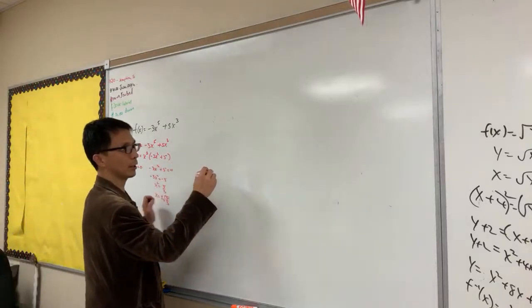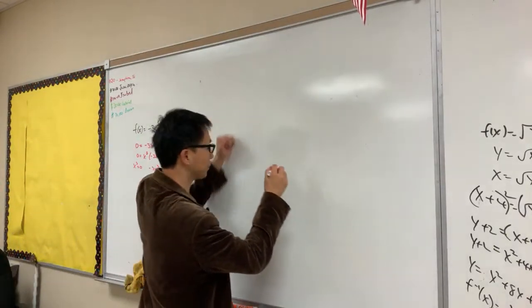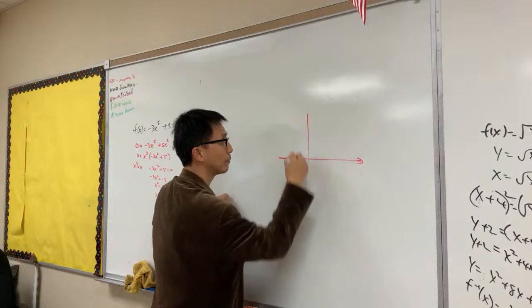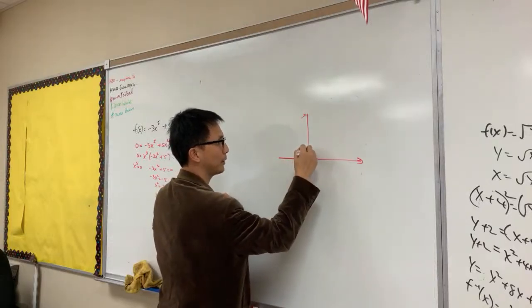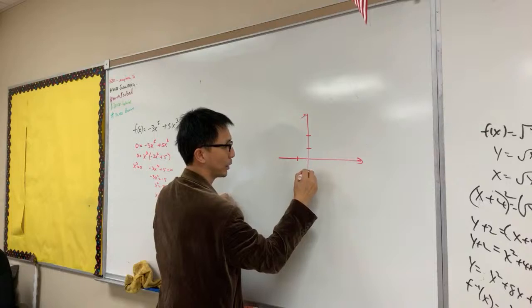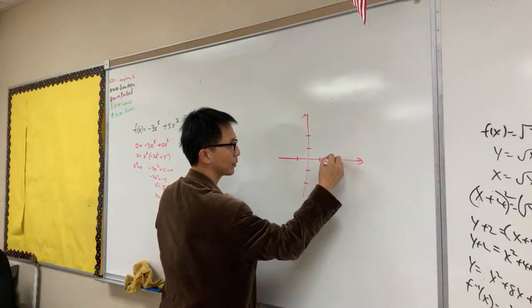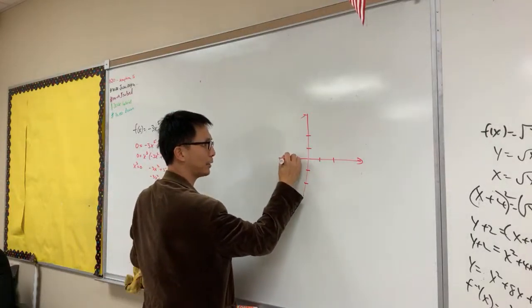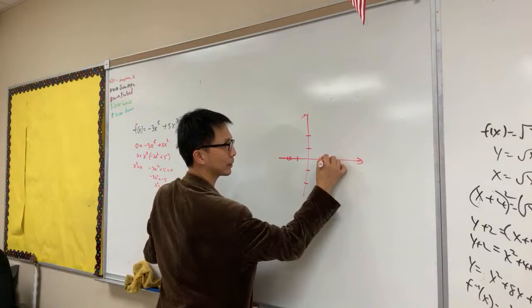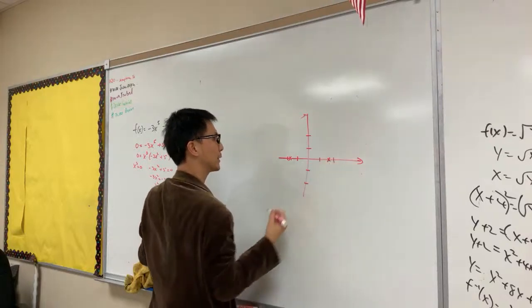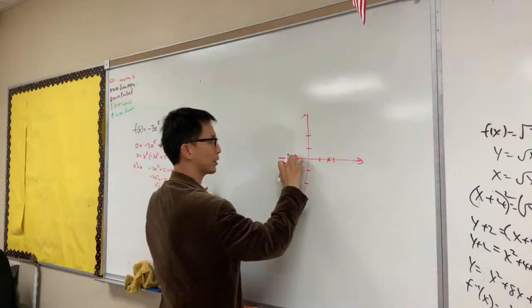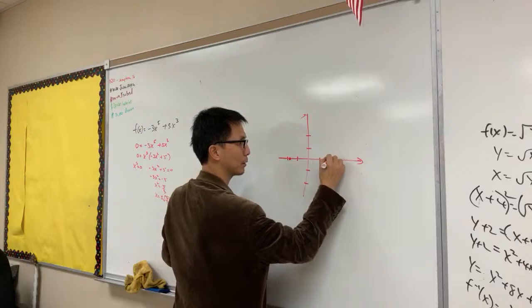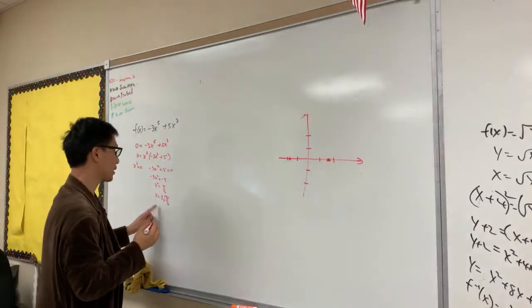Those are the pieces of information that I will sketch in. So 1, 2, 3, 1, 2, 3, 4. So 1.66 is roughly right here. That's the notation for the inflection point, and 0.